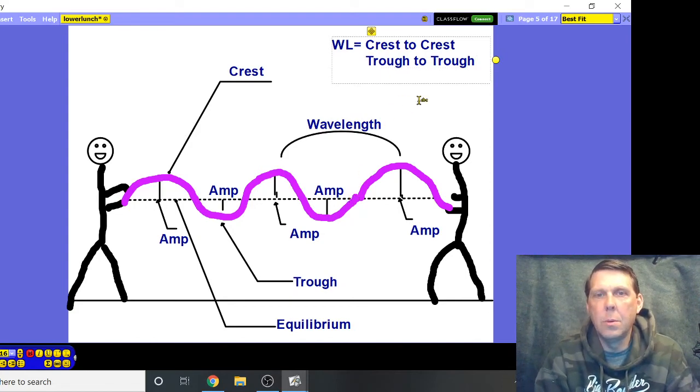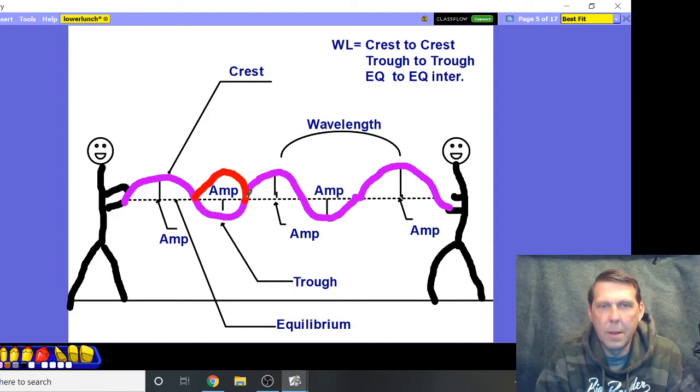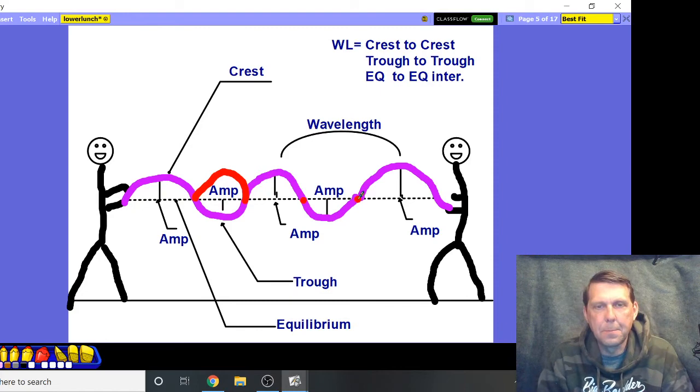We'll just put EQ, from equilibrium intersection to equilibrium intersection. I'll put a red dot from here to there. I could do wavelength from there to there also, two spots where it crosses the equilibrium, or I can go from here to there. I can measure the wavelength there.